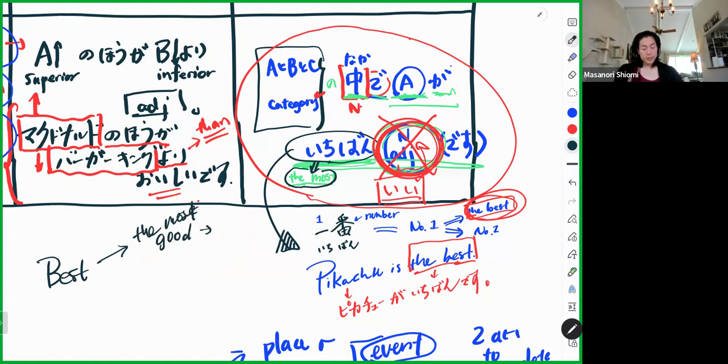In that case, we translate it as 一番いい. We do have to put this adjective. Or the best could mean number one. Simply, it's the best, number one. In that case, if you just want to say number one, just 一番 is fine, right? Does that make sense? This confusion?